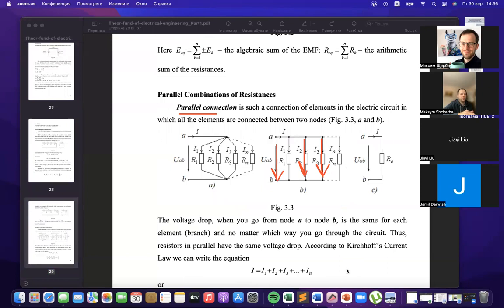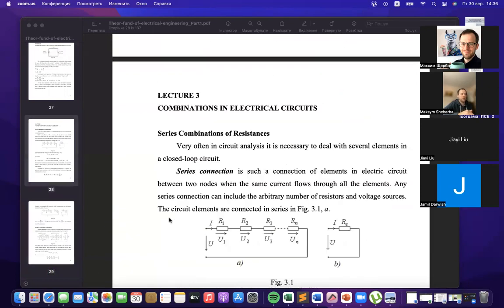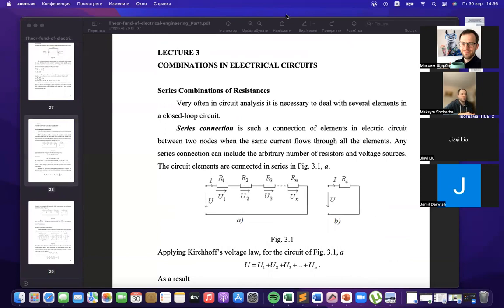And it is the first way to decrease the number of elements. First of all, if elements are connected one by one, the starting point of the next connected to the ending point of the previous.